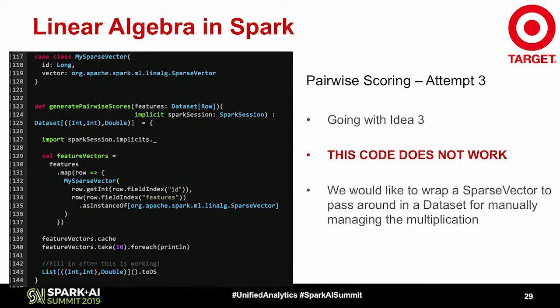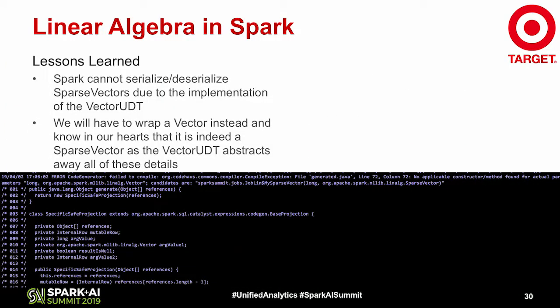So I cached those feature vectors and took 10 for each print line. And I got a super cryptic error, which dumped a whole bunch of generated code from Spark. This is kind of a tangent. It has nothing to do with linear algebra, but I figured I'd call it out because I ran into it and it was weird. Spark can't serialize or deserialize sparse or dense vectors. You can only serialize vectors because of the vector UDT, the user-defined type.